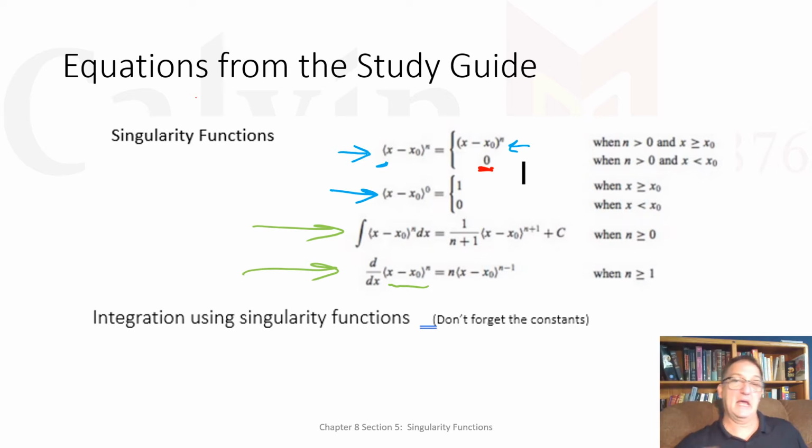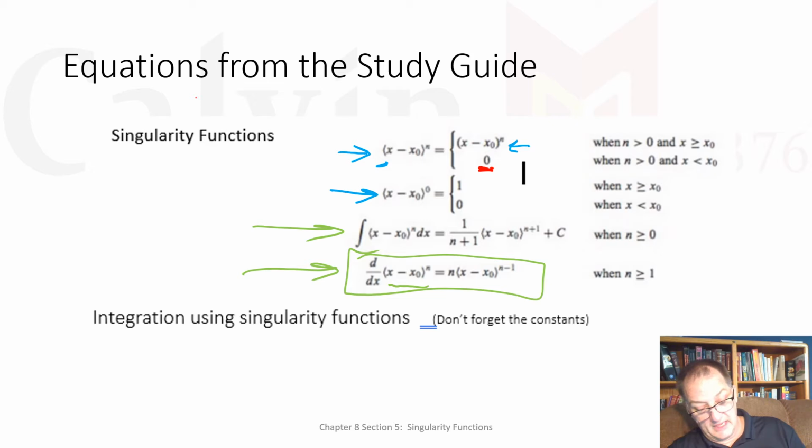I'm going to take n times x minus xo raised to the n minus 1, and that's what's listed there. And if you can see that, then you can do the antiderivative or the integral. The integral of x minus xo raised to the n is going to be 1 over n plus 1, that's pretty standard, times x minus xo raised to the n plus 1, except I've got to add a constant. I've got to add that constant.